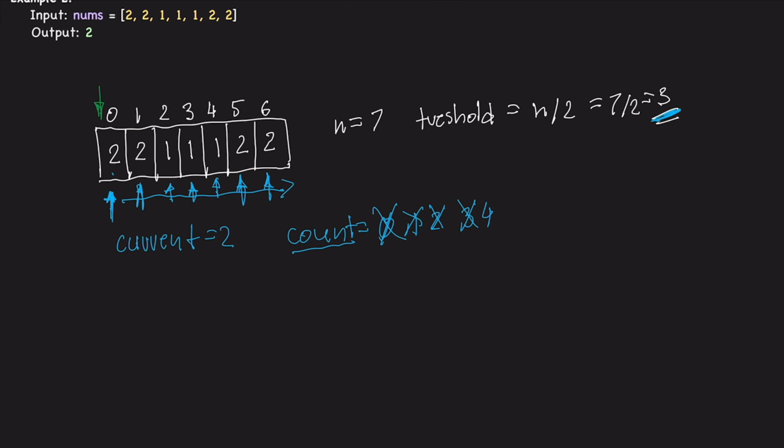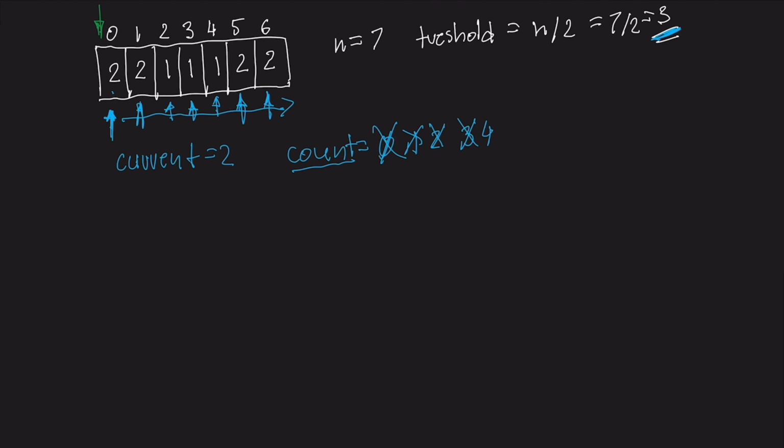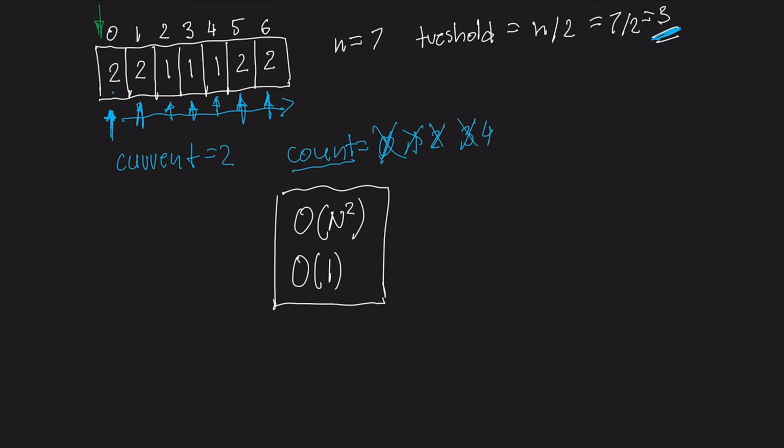The downside of this algorithm is that the time complexity is O of n squared, because we have 2 for loops, and for each element in the outer for loop, we have to process the entire array to count how many times that element pointed to by the outer for loop appears in the array. But the space complexity is just O of 1, so it's good. We are not using any extra memory. And that's the idea for how to solve it using brute force.